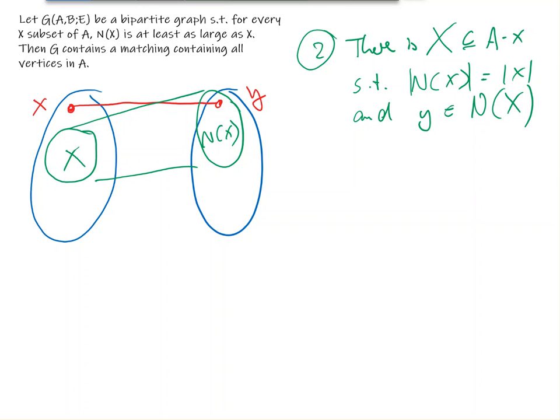Since Hall's condition is true in G, the neighborhood of X is the same size as X in the original graph, but since the vertex y is in this neighborhood, in the new graph G prime the neighborhood of that set X is one smaller than X itself. What can we do with this?